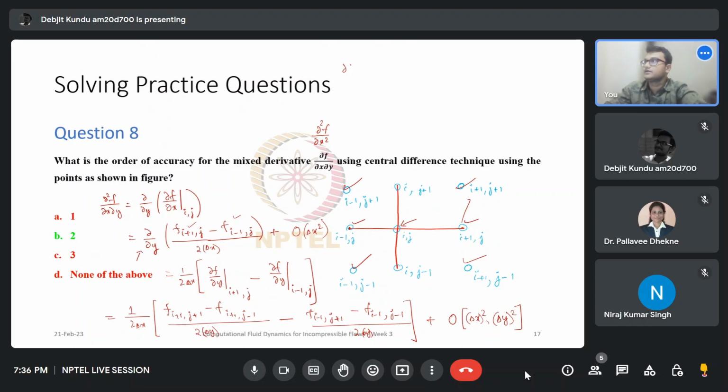Let's say ∂²f/∂x∂y is equal to 1 over 4 delta x delta y times f of i plus 1, j plus 1, minus f of i plus 1, j minus 1, minus f of i minus 1, j minus 1, plus f of i minus 1, j plus 1.